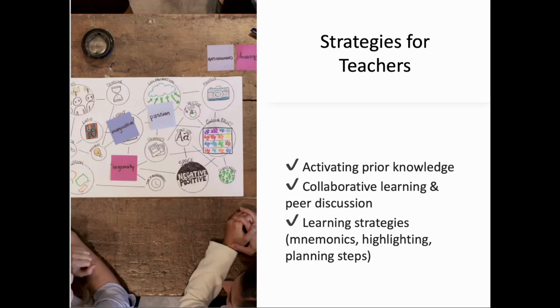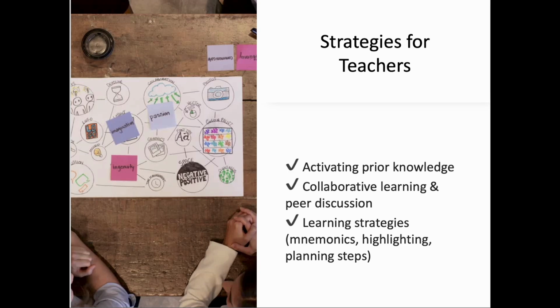Let's talk about some of the strategies that are available to us as teachers. One that we already know about is activating prior knowledge. Another useful strategy to build CALP, subject-specific language, is collaborative learning, peer discussion, having learners work together.